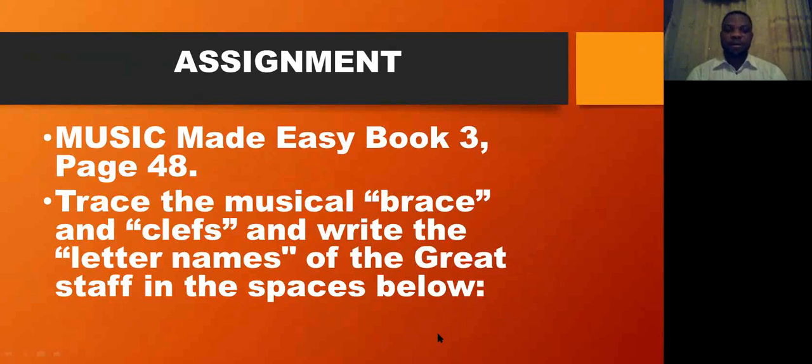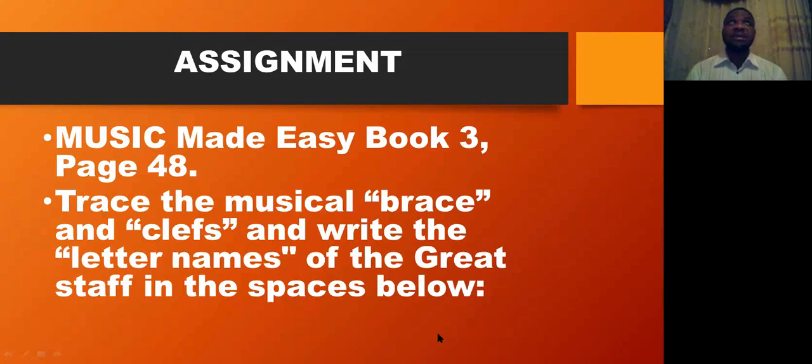There you have some spaces provided. You trace the clef sign, trace the brace, and write the letter names of the notes on the grand staff there. It's just for you to understand how, when you mix the treble and the bass staff together, you have the letter names.